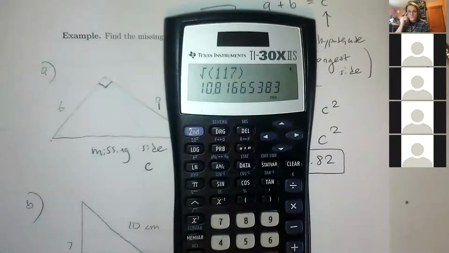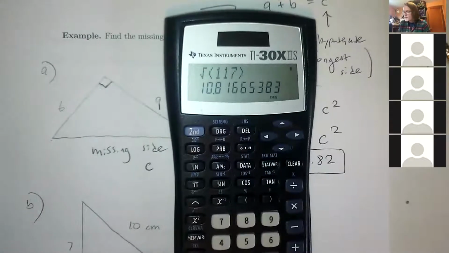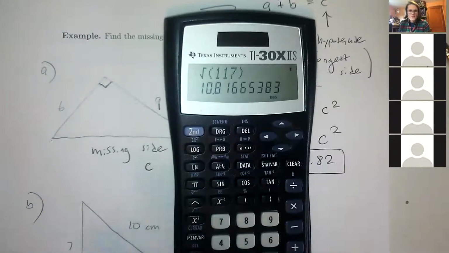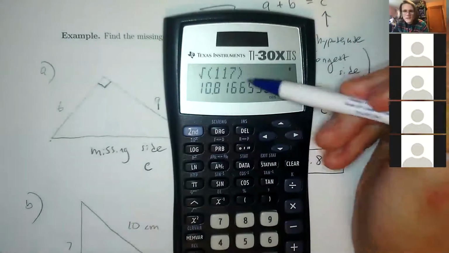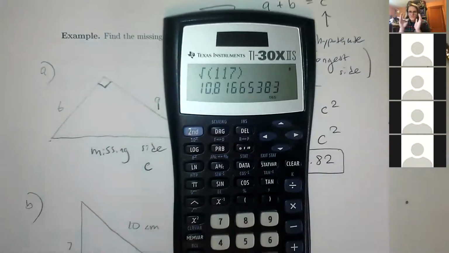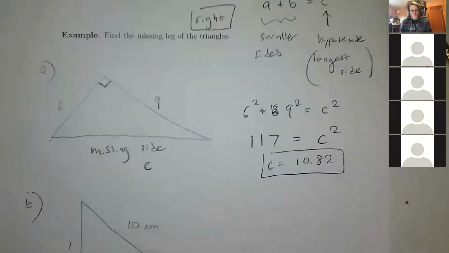Oh, okay. Yep. Gotcha. Hopefully that works. Yeah, some calculators you put the number in first and then you do it. But on this one, and yours probably too, when you press the square root, it'll have these parentheses. And so that means that it's the square root function, and then you're evaluating it at some number that you have to put in afterwards. Yeah. Okay. Thank you. No problem.